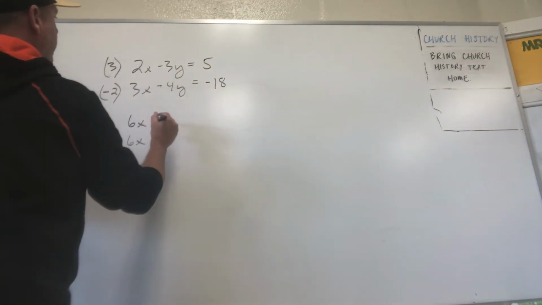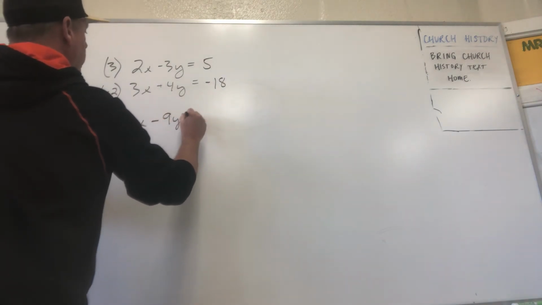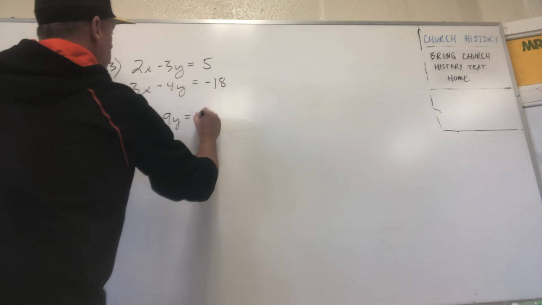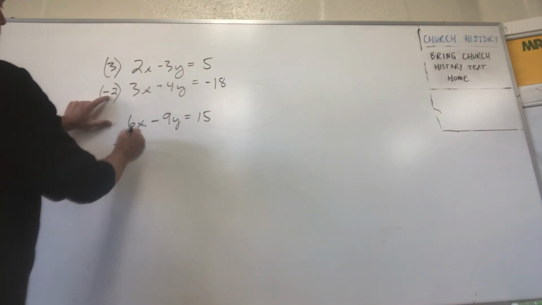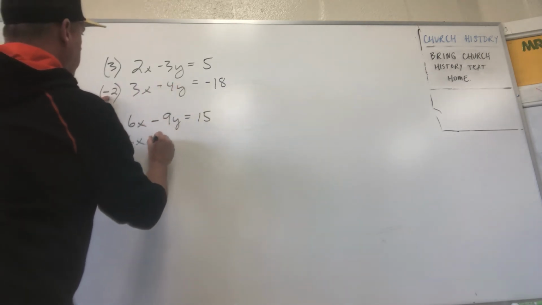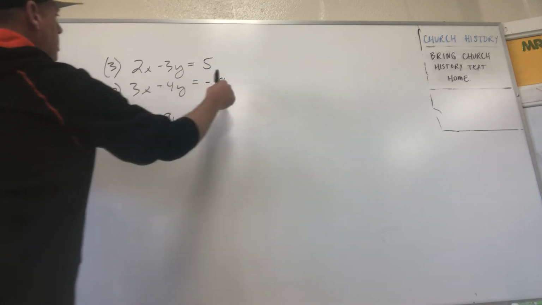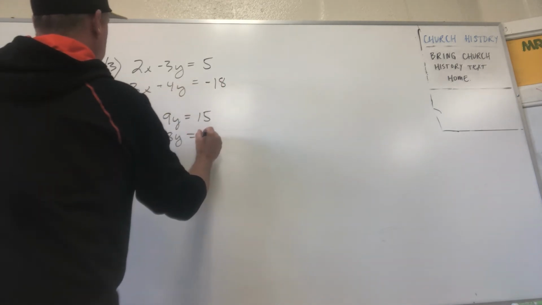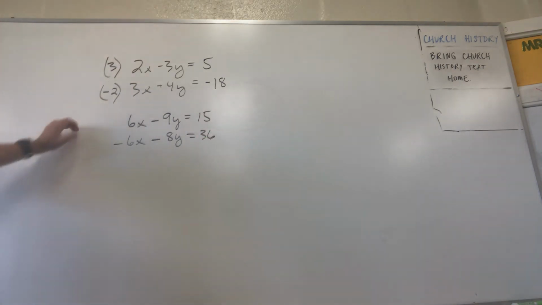3 times negative 3y is going to be minus 9y equals 3 times 5 equals 15. Negative 2, right? I've already done this one, is negative 6x. Negative 2 times 4y is going to be minus 8y. Negative 2 times negative 18 equals positive 36, right?